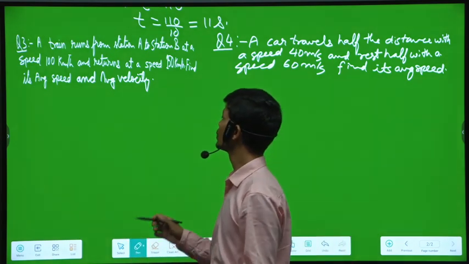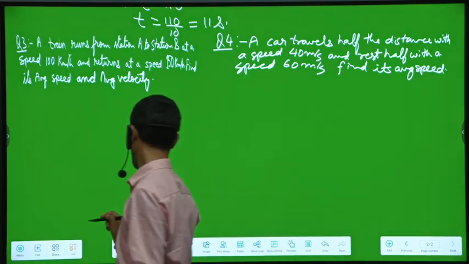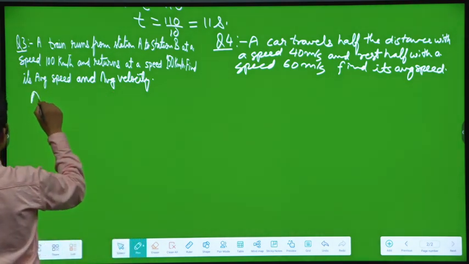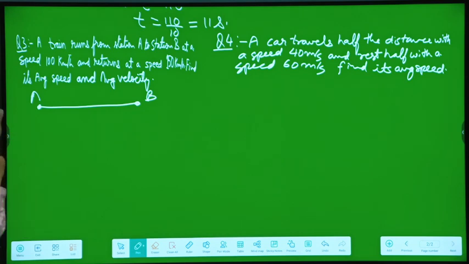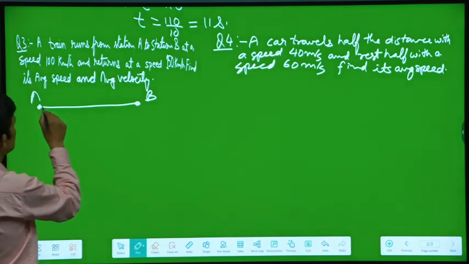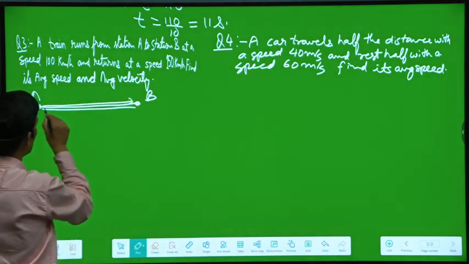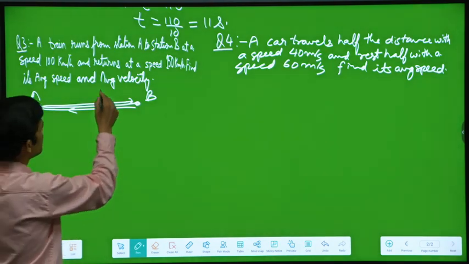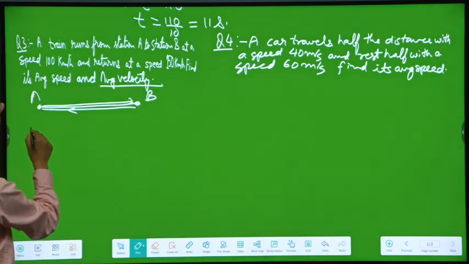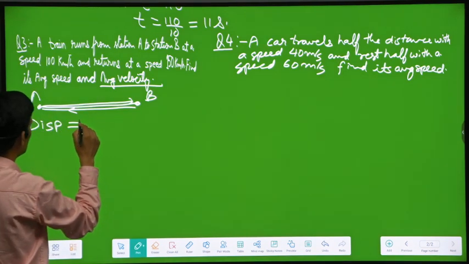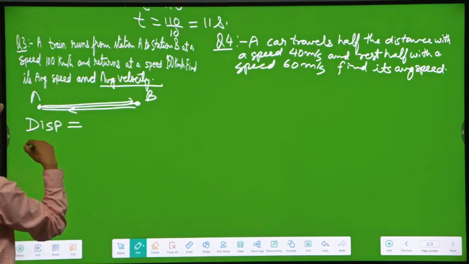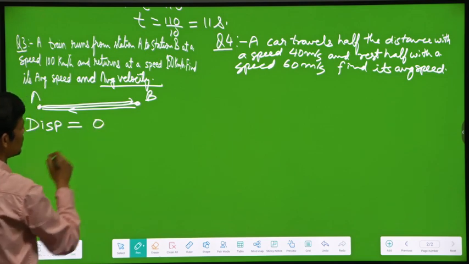Okay, so in this question, there is a point A, station A, there is station B. First, the train runs from A to B and then returns back. So we will do the second part first. Here, displacement is 0, or we can say net displacement is 0.